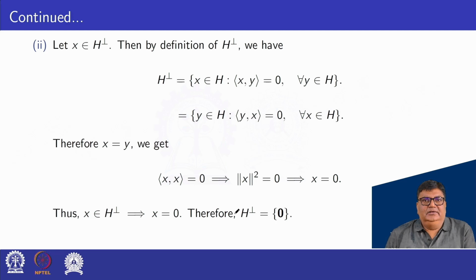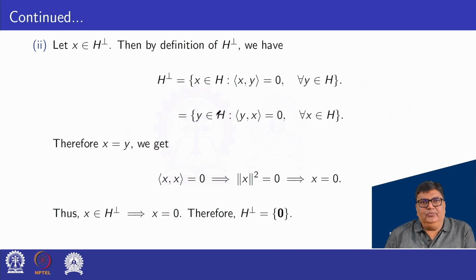Second, we have to prove H perpendicular is equal to the singleton set 0. So let X belong to H perpendicular. Then by the definition of H perpendicular, X belongs to H and the inner product of X, Y is equal to 0 for all Y belonging to H. Here X belongs to H, also Y belongs to H. So we can write this definition in the reverse way.